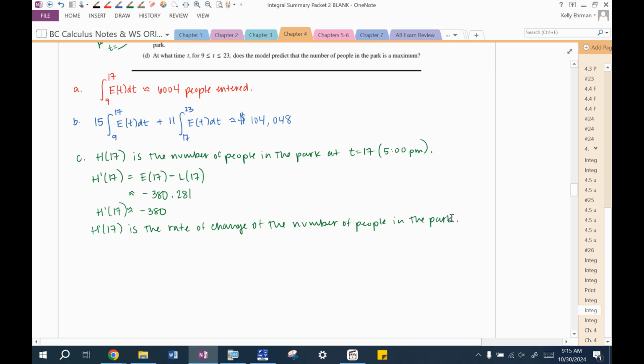And you know what? I realized I didn't actually use the numbers, which I really should. So back here, h of 17 is the number of people in the park.